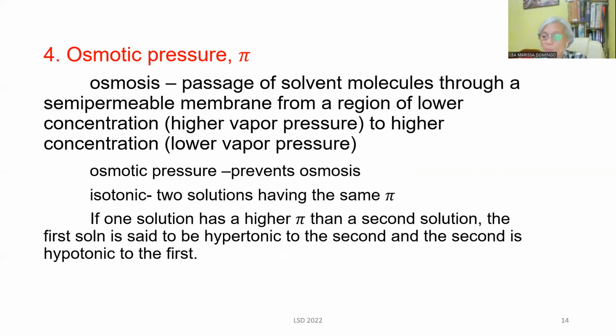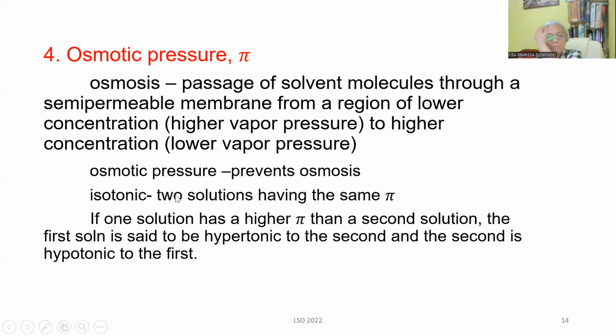The last colligative property is osmotic pressure, which we denote by pi. Okay. So osmosis is the passage of solvent molecules through a semi-permeable membrane from a region of lower concentration, so higher vapor pressure yun, to higher concentration, lower vapor pressure. Okay, so the pressure which prevents that passage is what we call osmotic pressure.